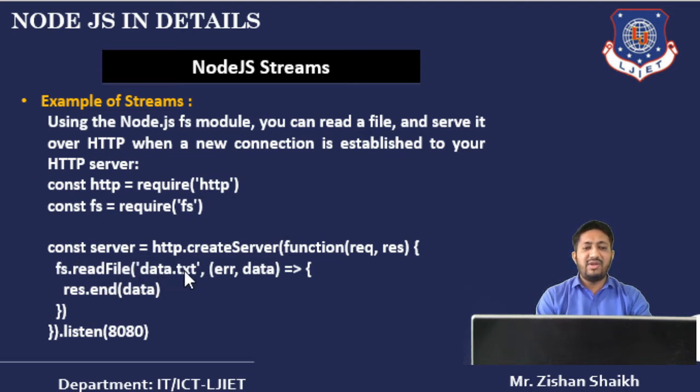The parameter says we are reading the data from this txt file, and the callback has two parameters: first is the error, if any error occurs, and second is the data we are trying to read. Next is response.end(data), which tells the machine that there is no more data coming from the server. Then you specify the port number where the server listens for client requests using .listen, passing the port number as the parameter.